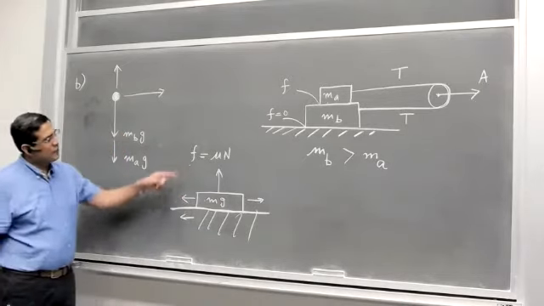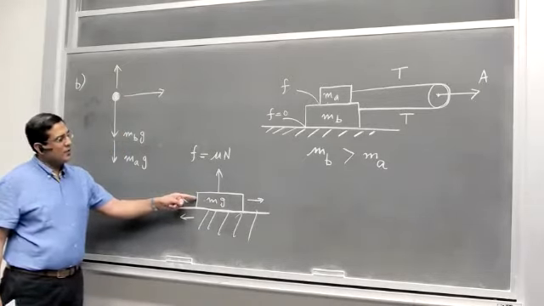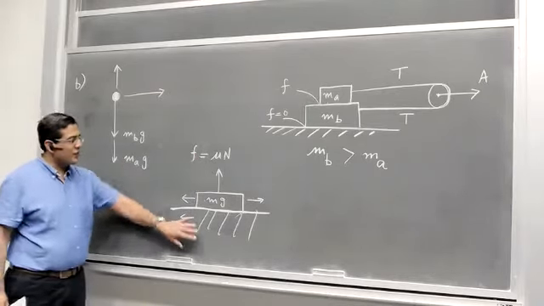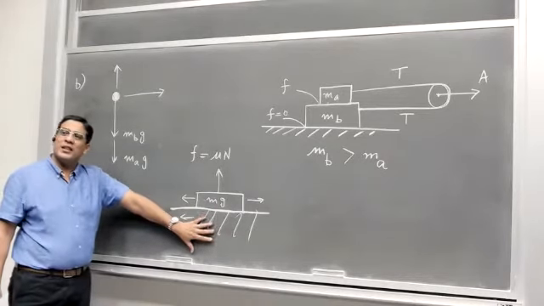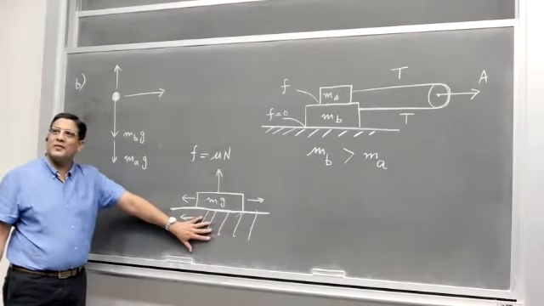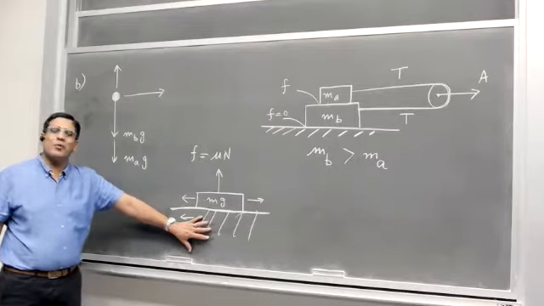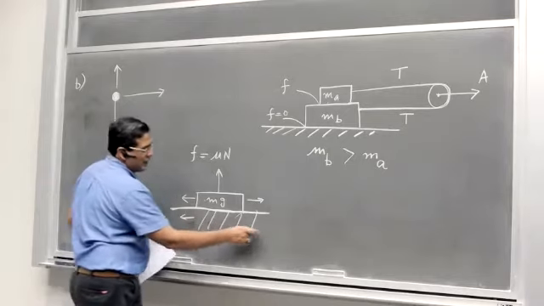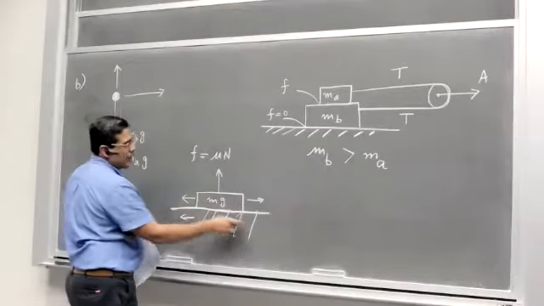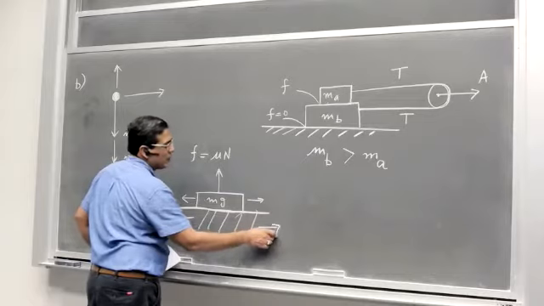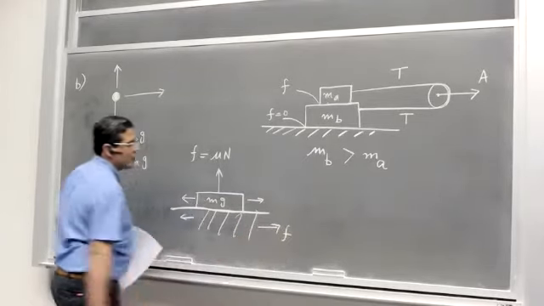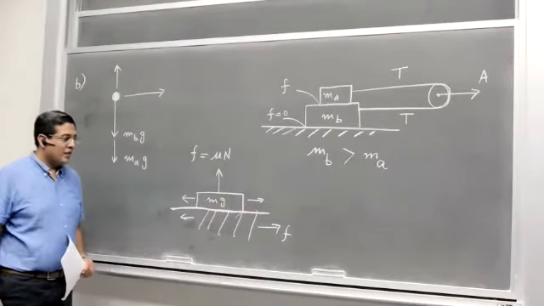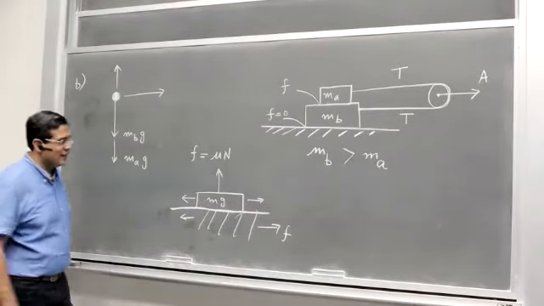A force of friction acting on this object in the opposite direction proportional to mu N. But now if we were considering the motion of the lower object here, there would be an equal and opposite force of friction acting on this object as well, in the opposite direction. So the force of friction on the lower surface would act in this direction. Does it make sense?